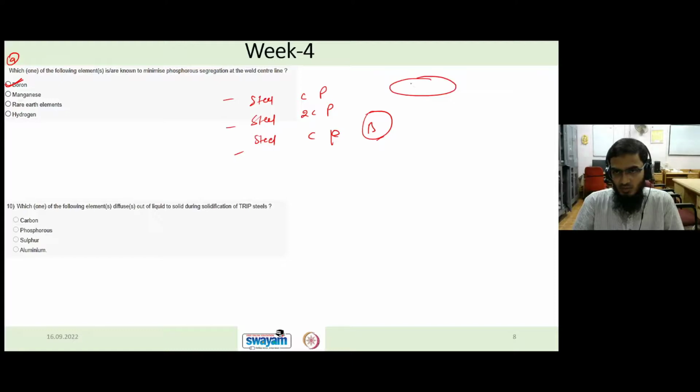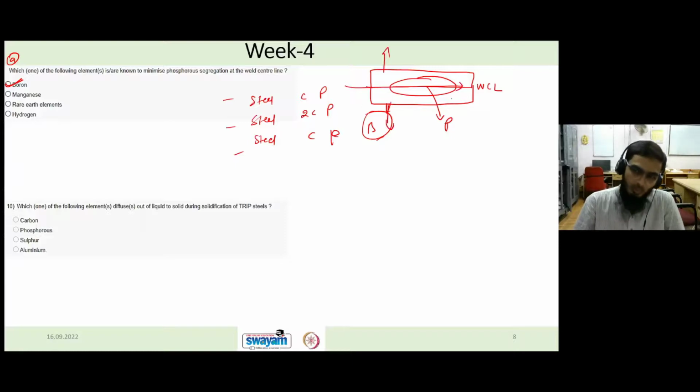So let's say this is your weld nugget, and this is the weld center line. This is nothing but your spot weld; I'm taking a spot weld example. Usually if you don't have boron, the last liquid to solidify will contain a high amount of phosphorus, and if you do a tensile test, the crack will propagate through this due to the segregation of the phosphorus.